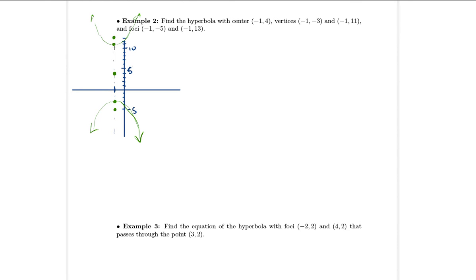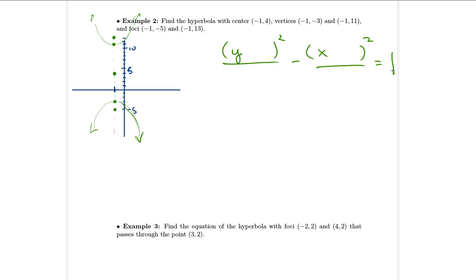So what I can definitely do right off the bat is say that the y term is going to be positive and the x term is going to be negative. As I build this, I can just pencil that in right away.